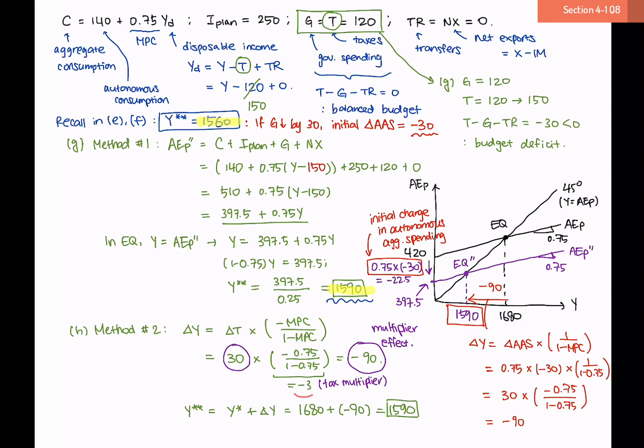And so that's why you have a smaller change in output when you're using taxes versus government spending. And that's why your new equilibrium output after the change in taxes ends up being higher than the new equilibrium output after the change in government spending.